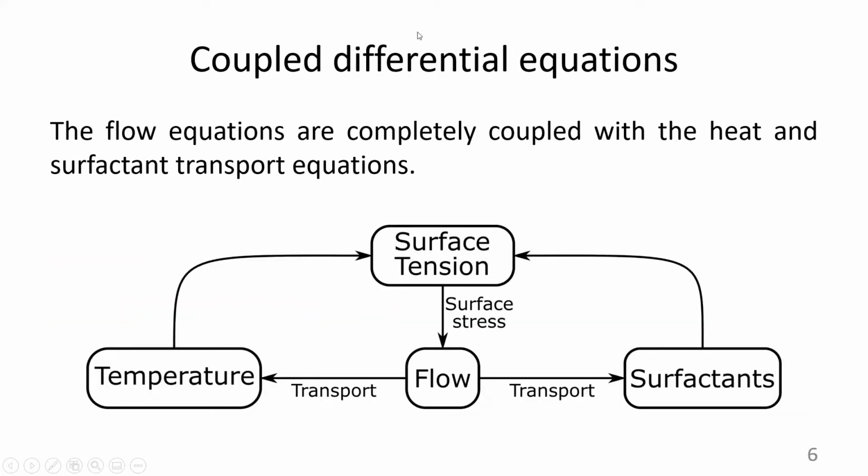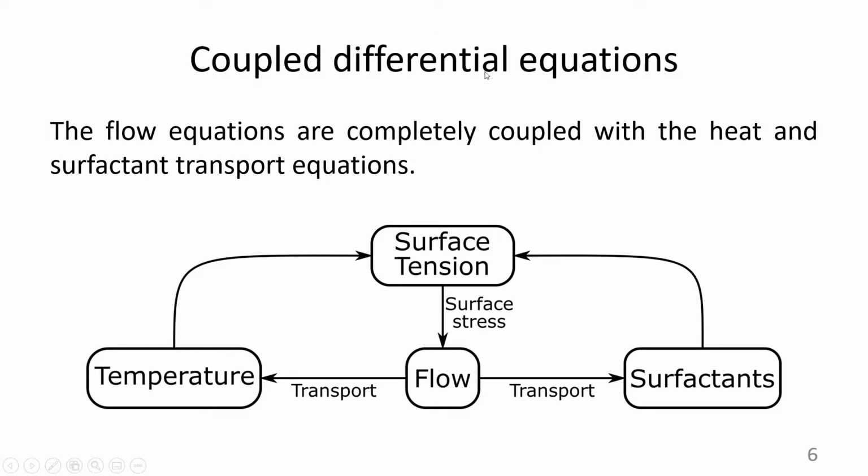So if we think about it, it's a complex system because we have the flow that, through transport, affects both the temperature distribution and the surfactant distribution, and these two affect the surface tension that drives the flow. So it's a completely coupled system.